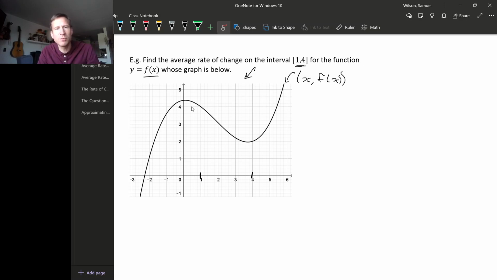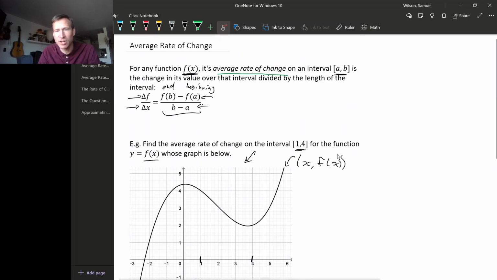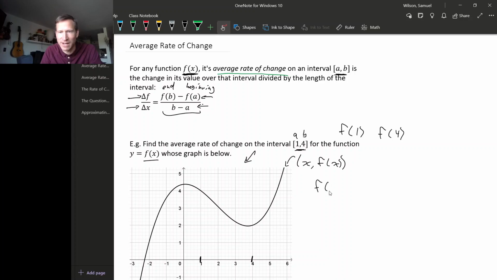So to use this formula, 1 is playing the role of a and 4 is playing the role of b. So we know a and b, and we're going to need to know f of a, which is f of 1, and f of b, which is f of 4. Right? So we're going to need f of 4 minus f of 1 over 4 minus 1.